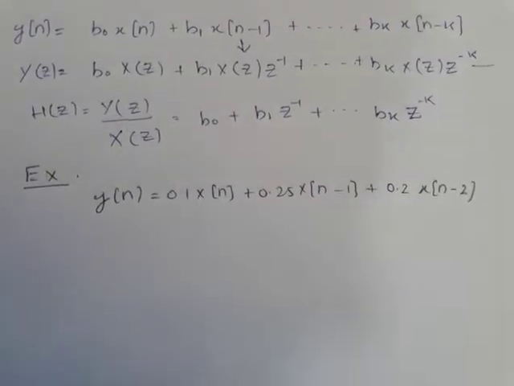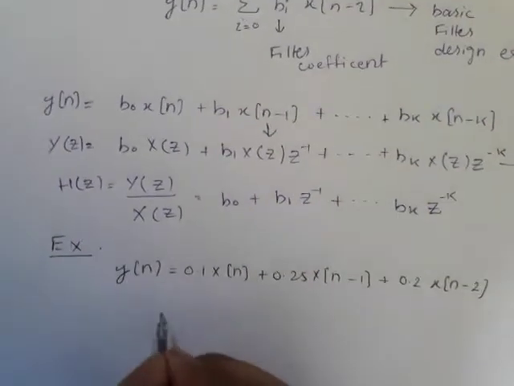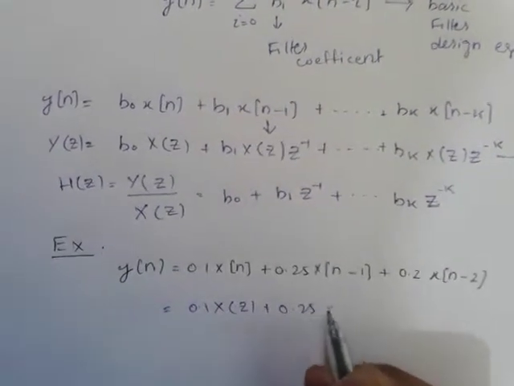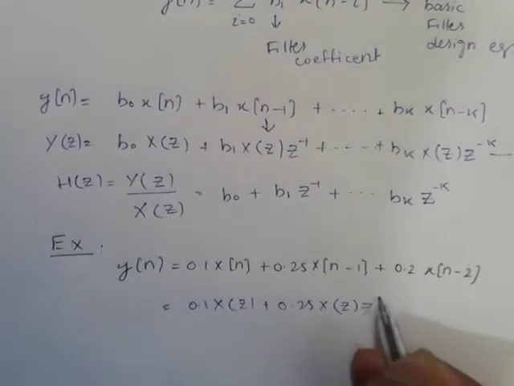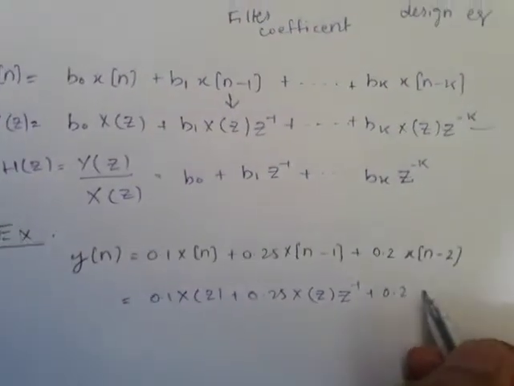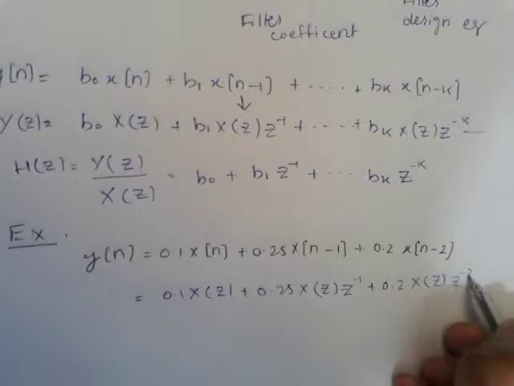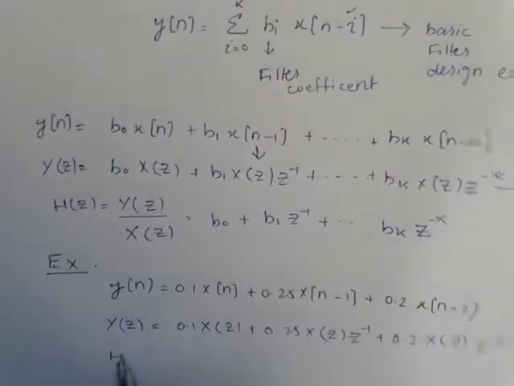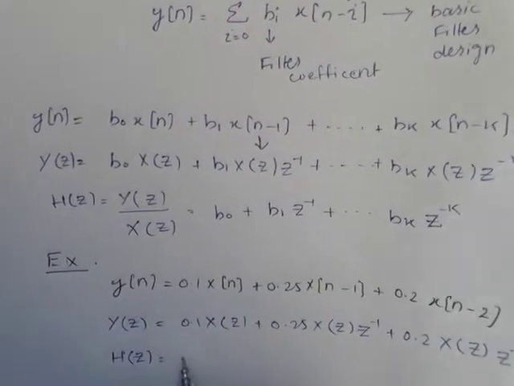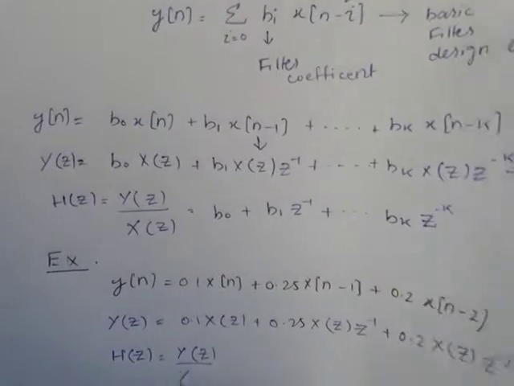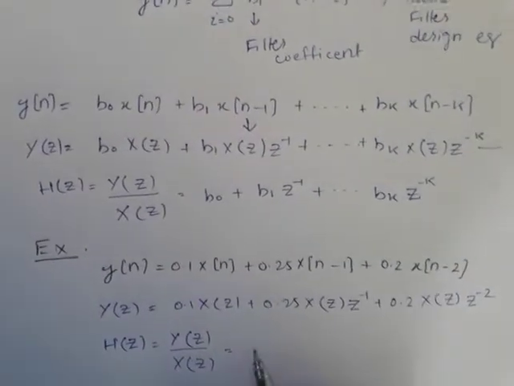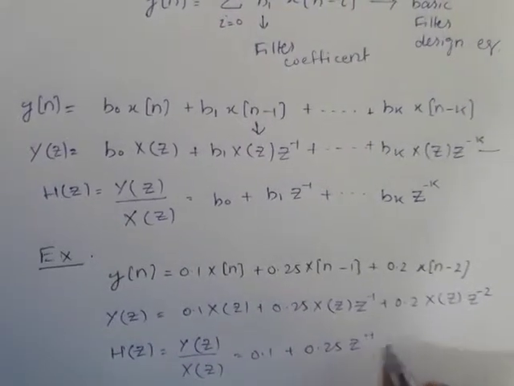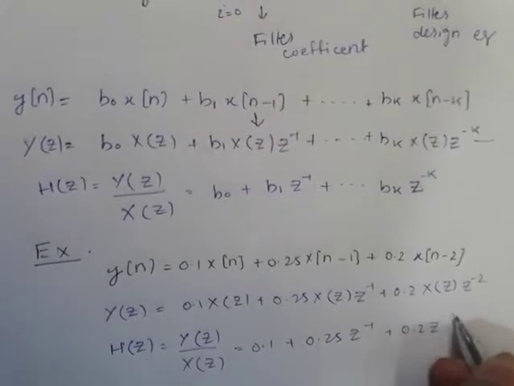Here we know the first step: just take the z transform, which is 0.1 X(z) plus 0.25 X(z) z inverse plus 0.2 X(z) z power minus 2. This is the z transform. Now take its transfer function H of z, which is Y of z divided by X of z, and we get 0.1 plus 0.25 z inverse plus 0.2 z minus 2.